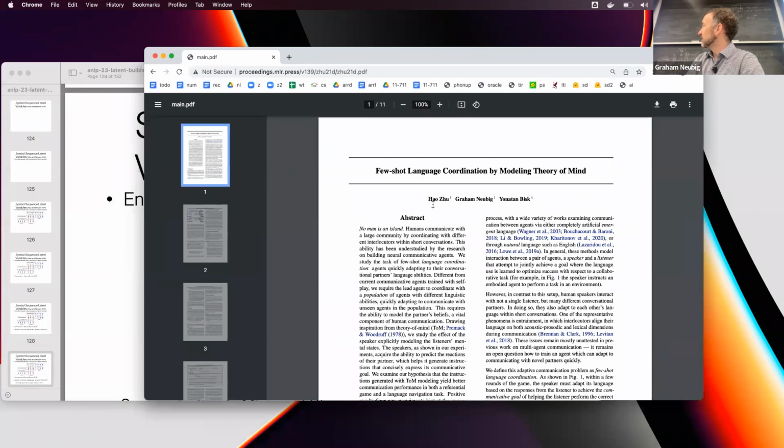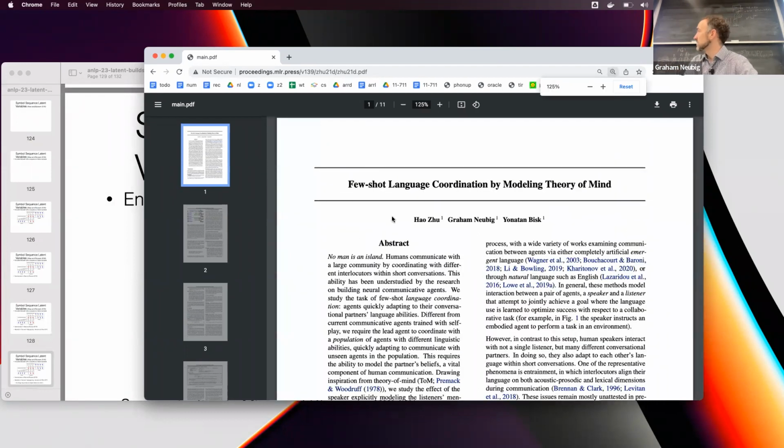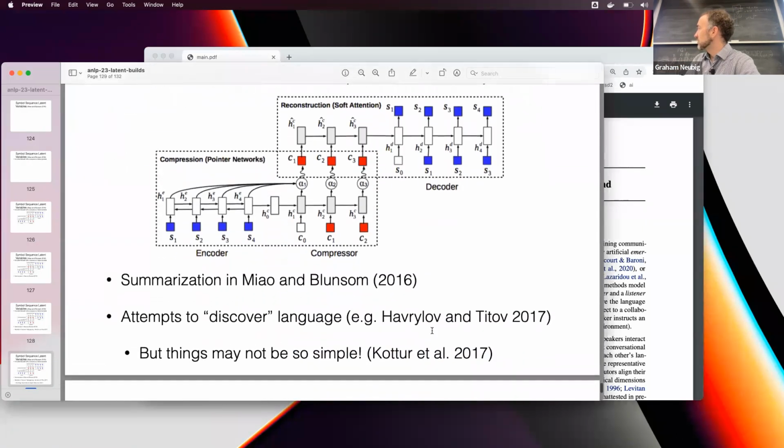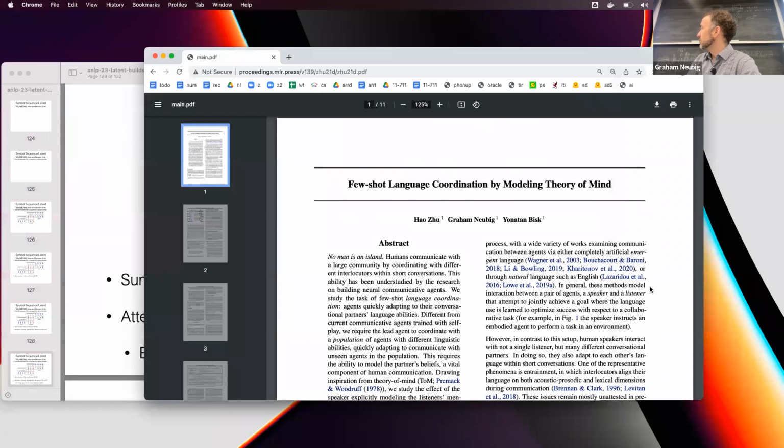This is a paper that one of the TAs for this class and we did. I didn't put this on the slides, but I think it's an interesting example of this. This paper is doing quote unquote emergent communication, but we're starting out from having some idea of what language looks like, and then adapting to the person that we're communicating with.